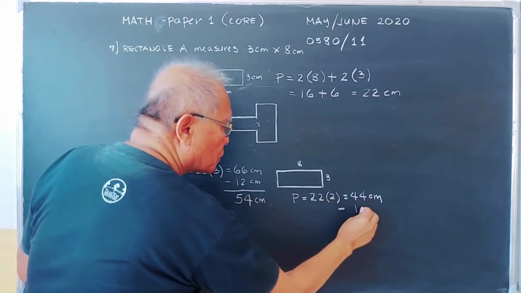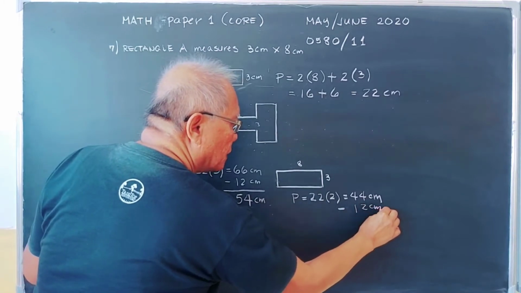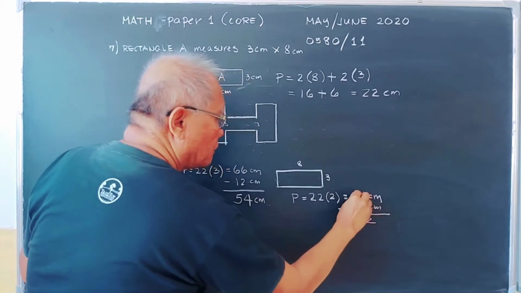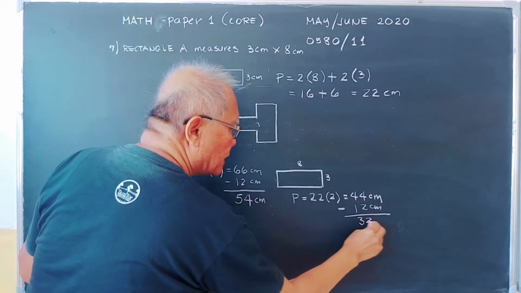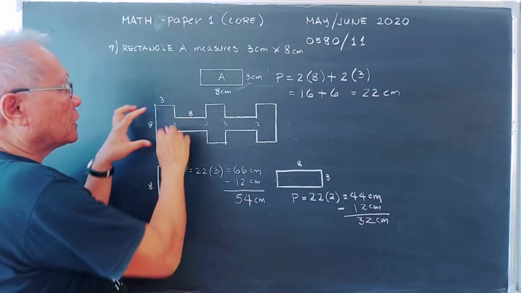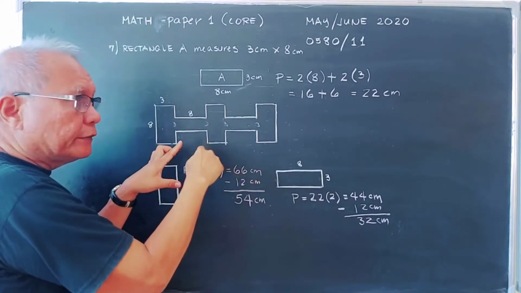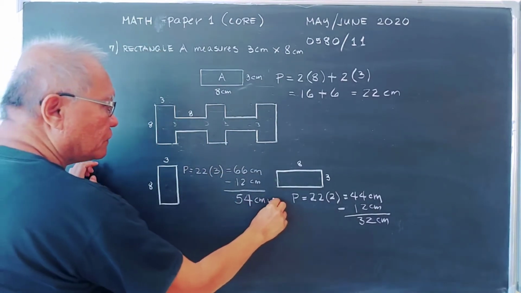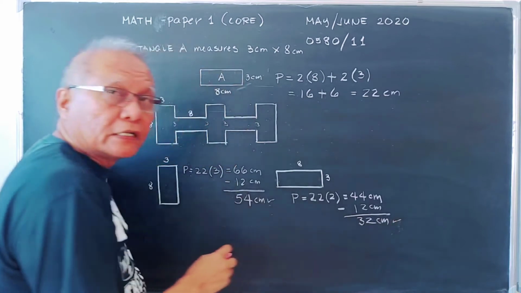So we are going to subtract 12 centimeters. So 4 minus 2 is 2, and 4 minus 1 is 3, giving 32. So we have 32 centimeters. So the total perimeter of this figure is we just add the 54 and the 32.